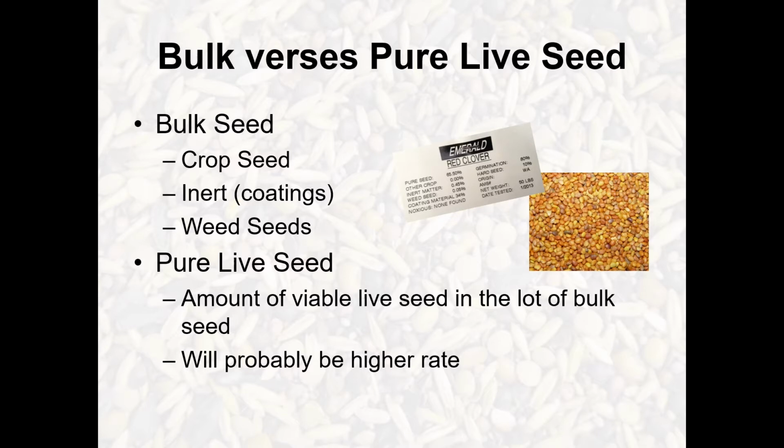The tag includes the main species, and it also includes any crop seed, inert ingredients, and any weed seeds that might be found. It also includes the purity and germination information that you're going to need to figure out exactly how much seed is going to be needed to get a good stand and meet the resource concern that we're addressing.